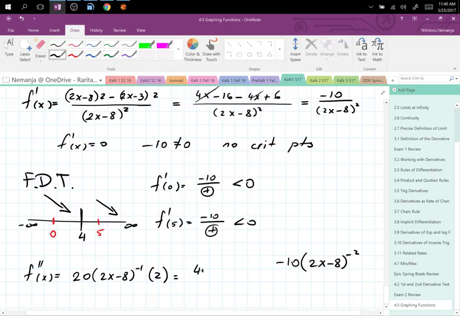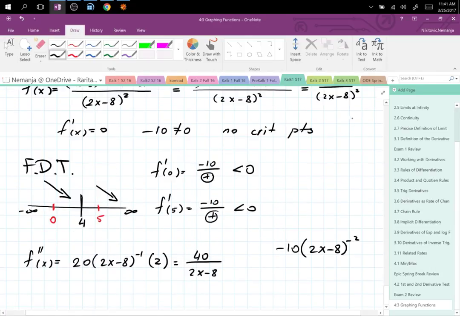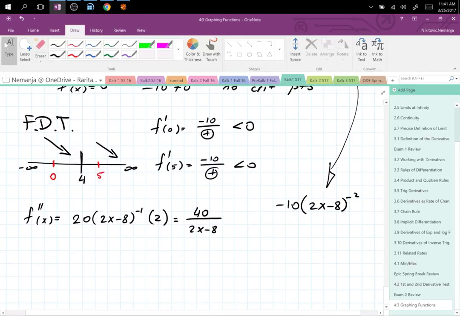So it's 40 divided by 2x minus 8. So for the derivative, that's what we do. And to set this equal to 0, again, no solution, which means that we don't have inflection points.